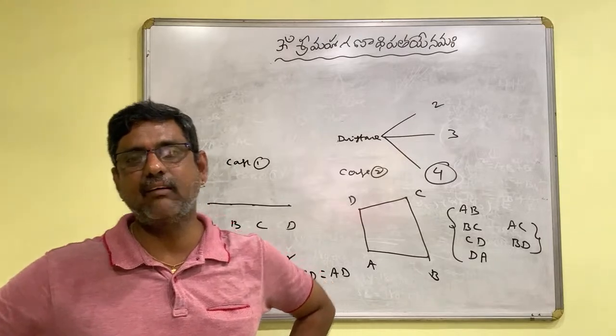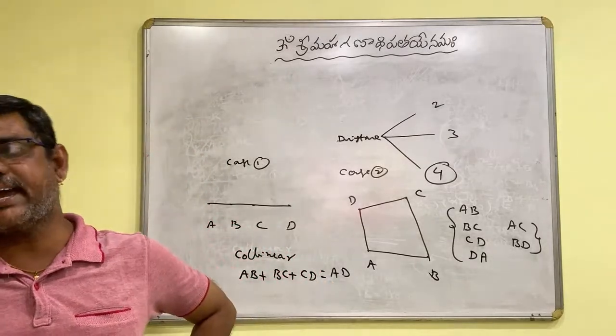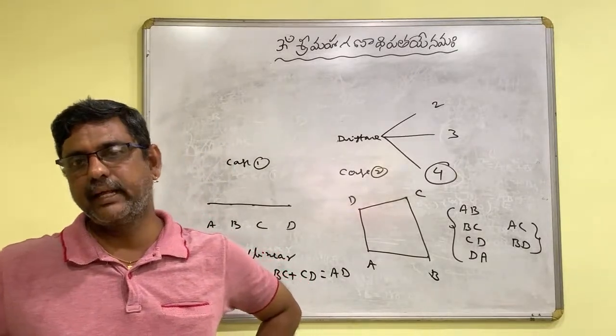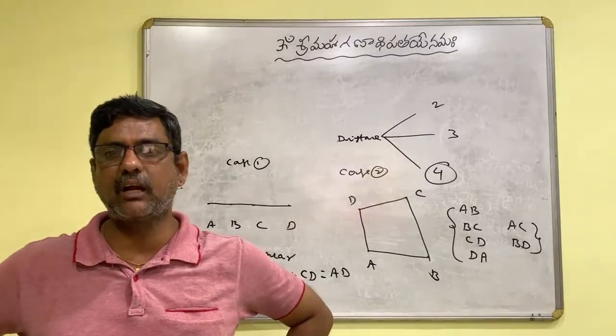We don't need to prove that the diagonals are not equal. If all sides are equal, it becomes a rhombus. Okay na?